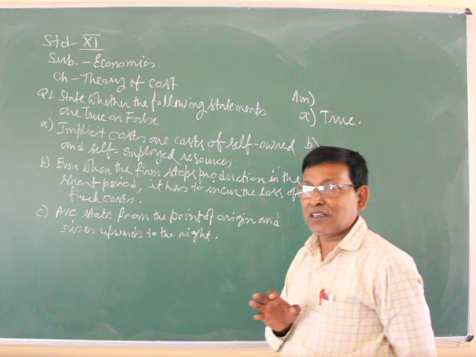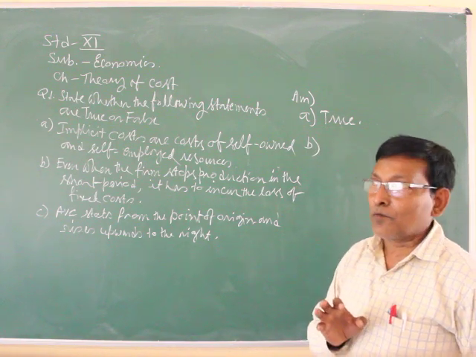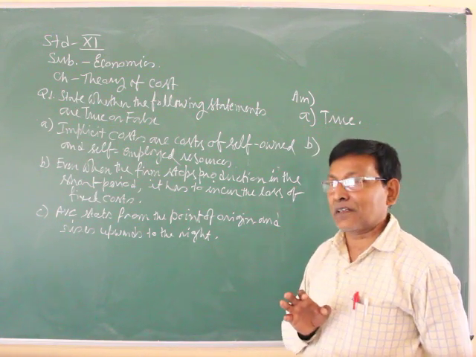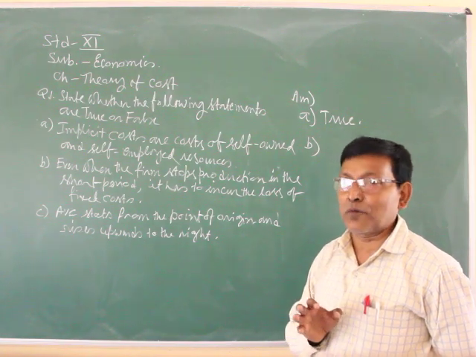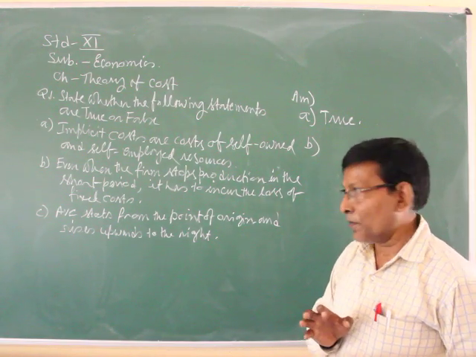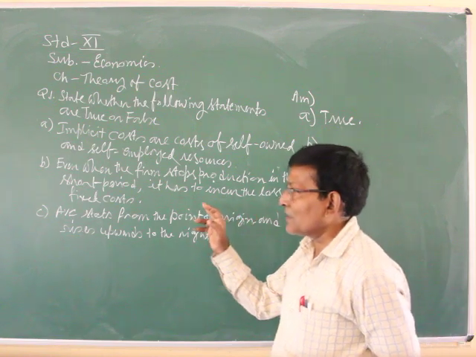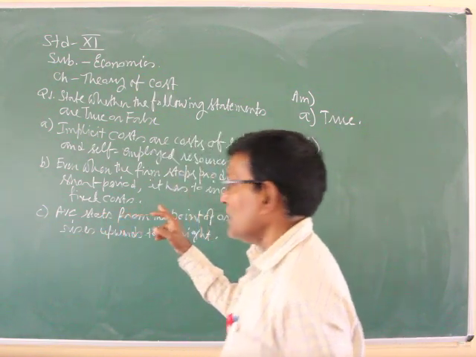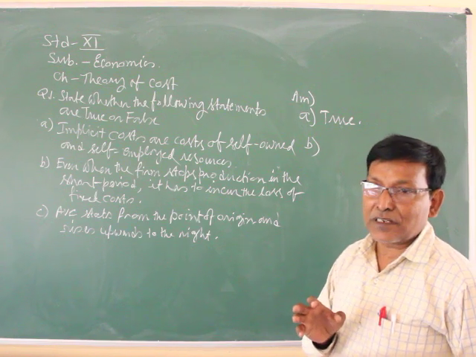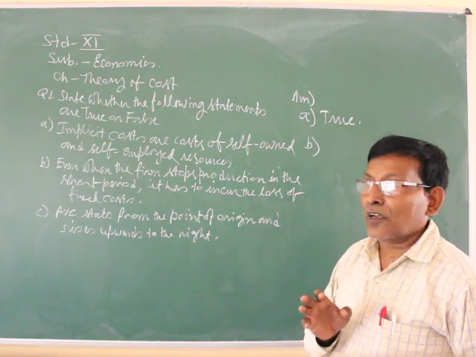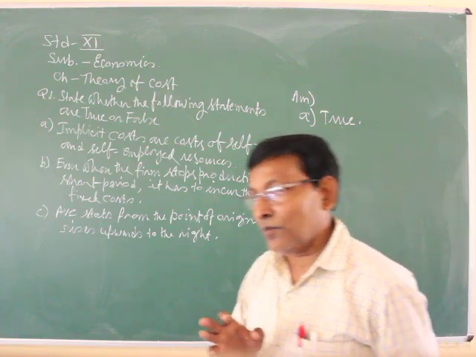But variable factors are those factors whose size or number we can change in the short run to increase the production. So fixed costs are related to fixed factors, that is, the cost incurred on fixed factors of production, or the cost which does not vary with the level of output.